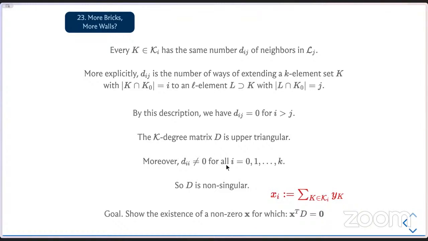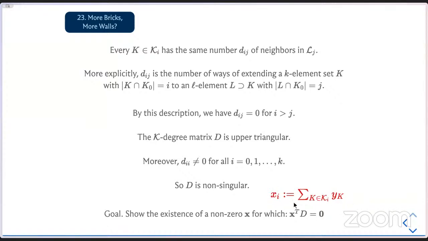And you do this with the K parts. And this is also because you know that X is non-zero, because you had a K naught in KK, right? The set which overlapped with K naught at K elements, that was just the set K naught, and we know that Y of K naught is non-zero.